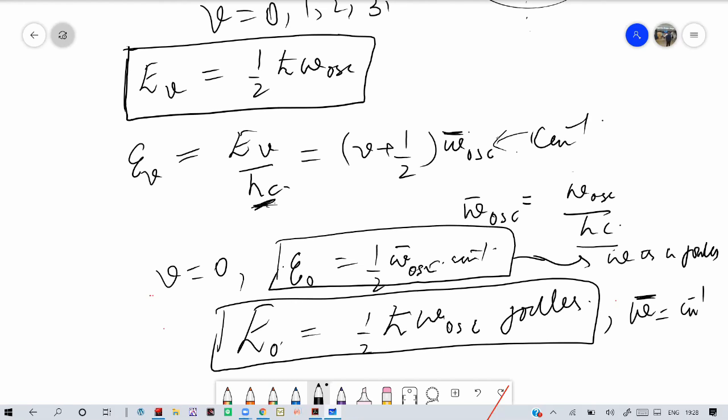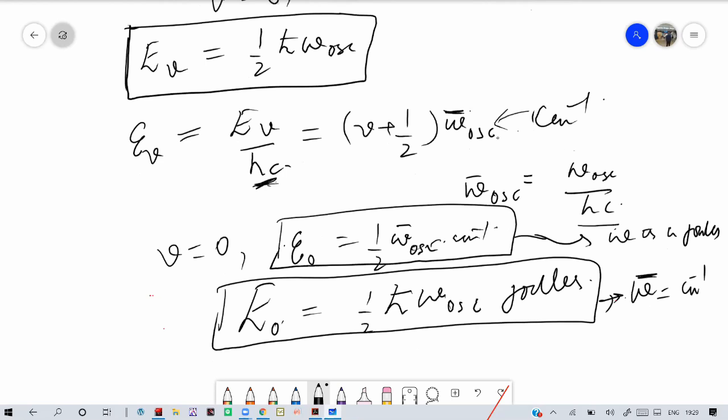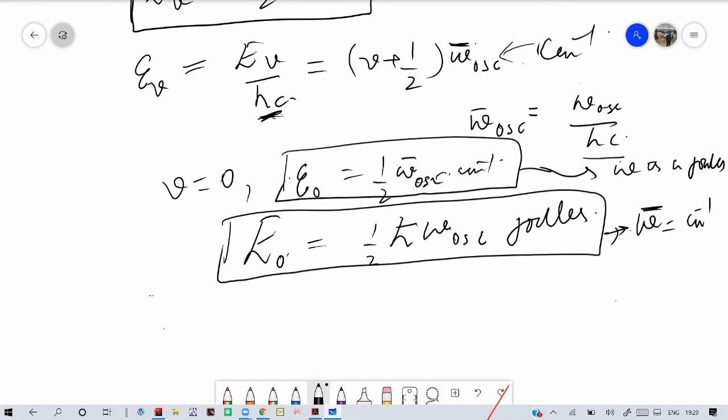So we know from the earlier knowledge that a diatomic molecule or any molecule can never have a zero vibrational energy. The atoms can never be completely at rest relative to each other. This is an important result of this expression.